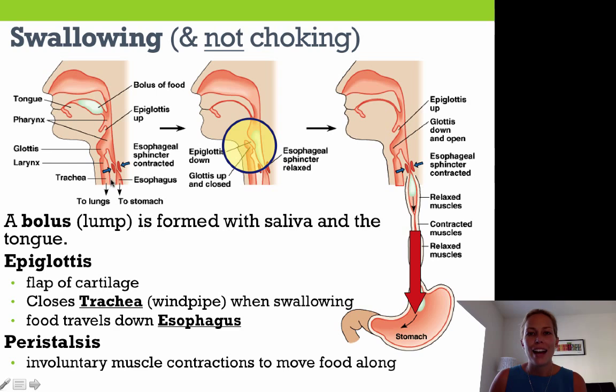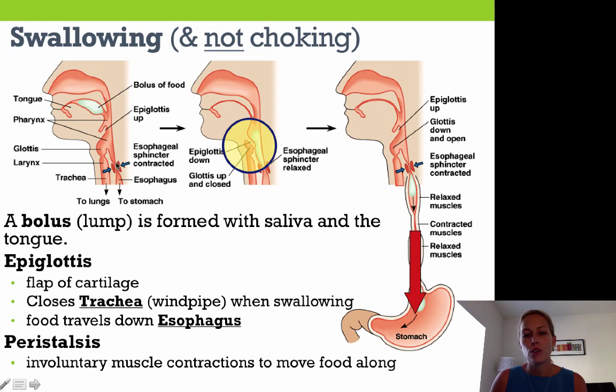If you've ever experienced food going down the wrong pipe, and then you start to cough, that's because you swallowed too quickly and that epiglottis couldn't close in time, which is why you got food or water down your windpipe.